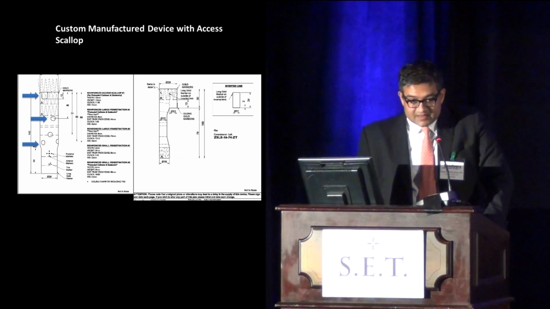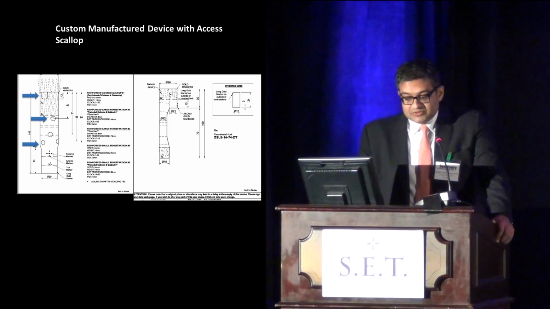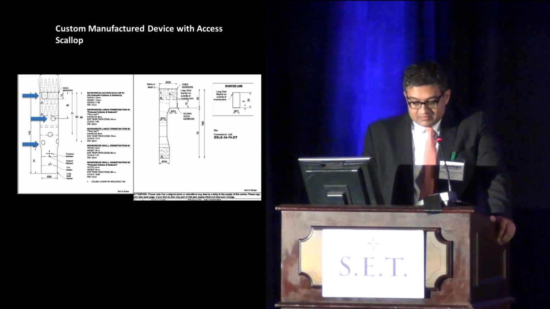It's a reinforced scallop with preloaded catheters, which are able to allow access from the upper extremity down into the visceral arteries. And in this case, two catheters were used to access. One was used for the celiac artery through a reinforced scallop, and the other one was through the right renal artery as well.